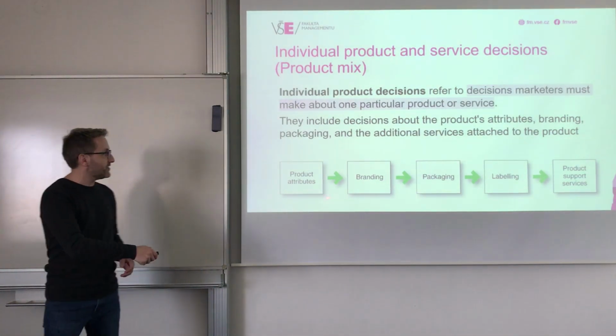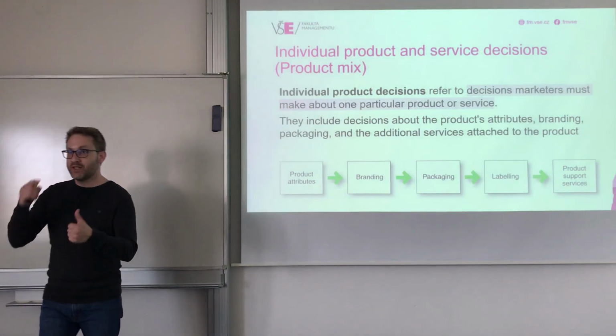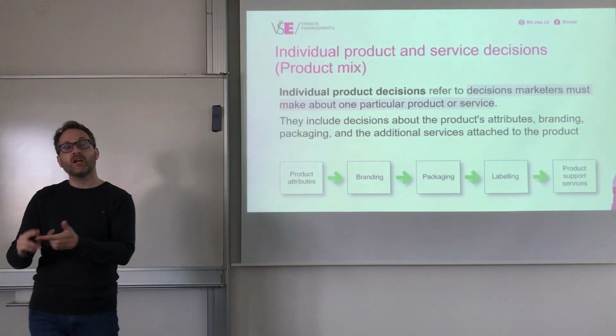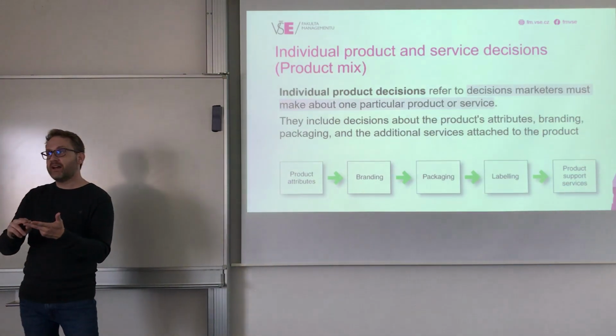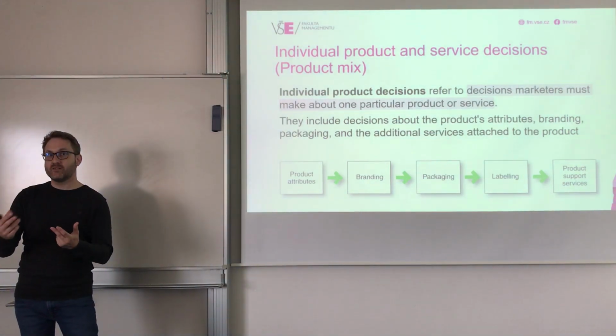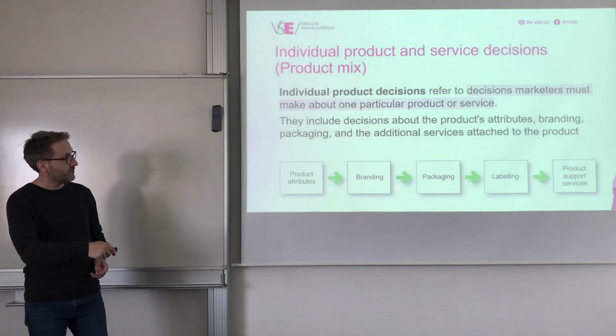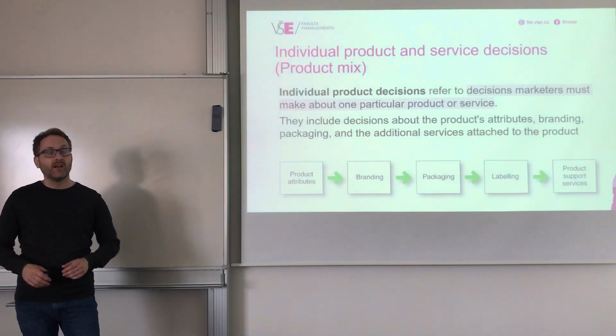So those are the product attributes. You can set the price, you can set maybe the type of packaging, and some healthier way, let's say, and so on. This is about attributes. Then we have branding. This is about the brand.